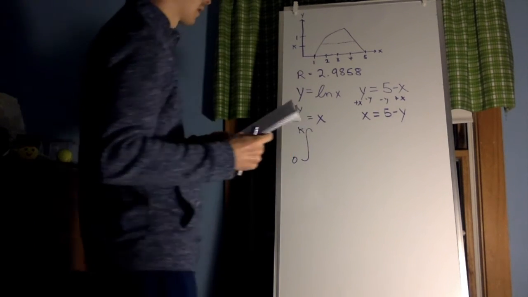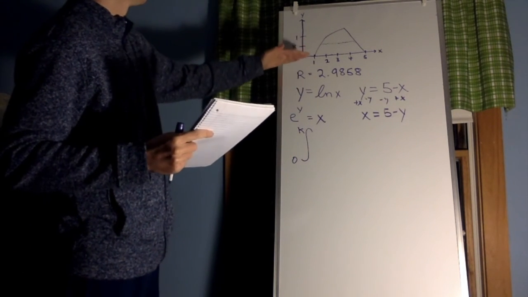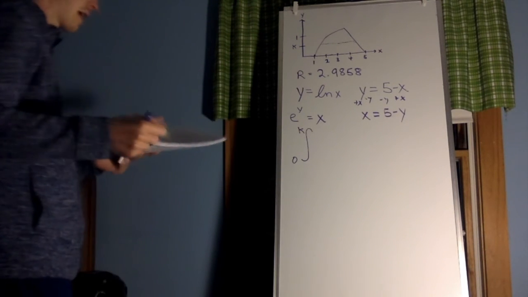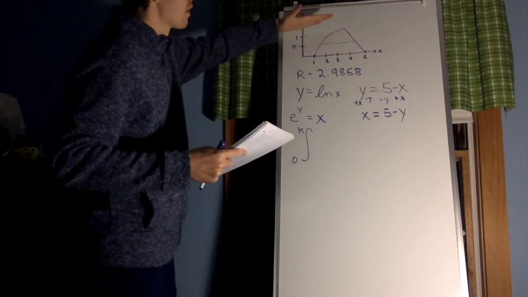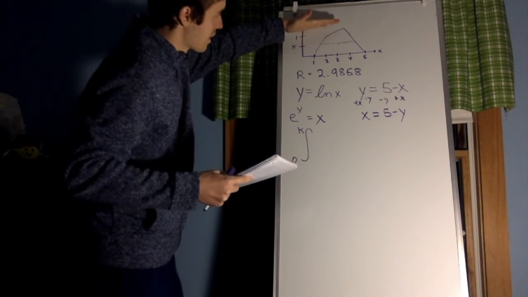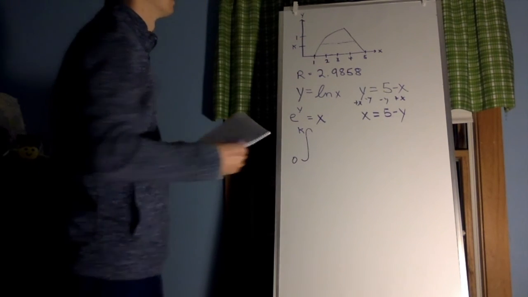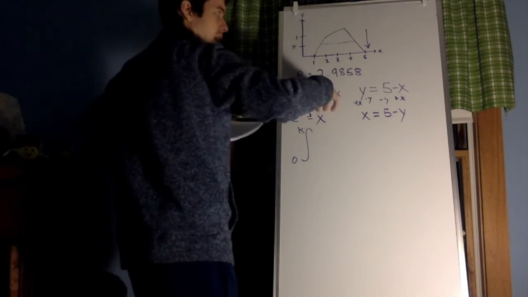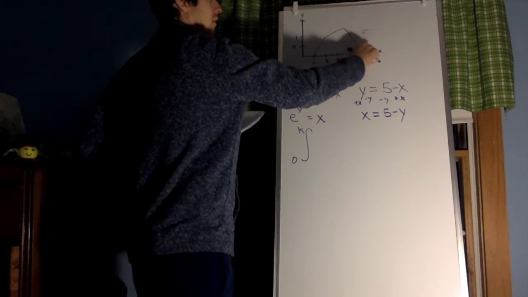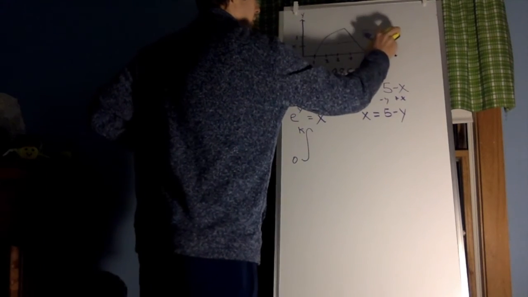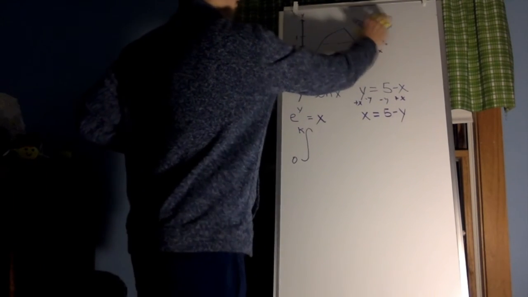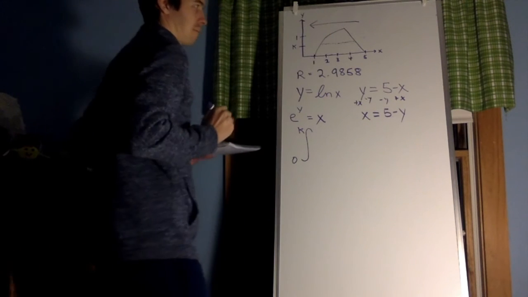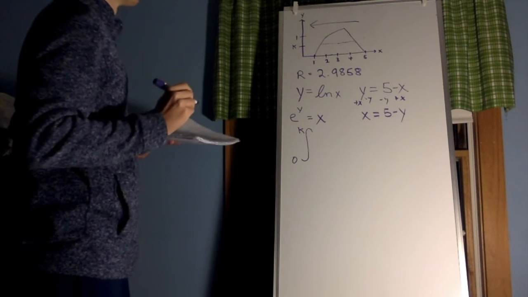Now, again, this is in terms of y, so we have to think a little bit differently. Instead of thinking about under the curve this way, we have to think about under the curve being this way.